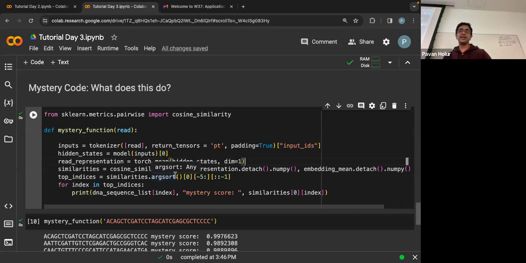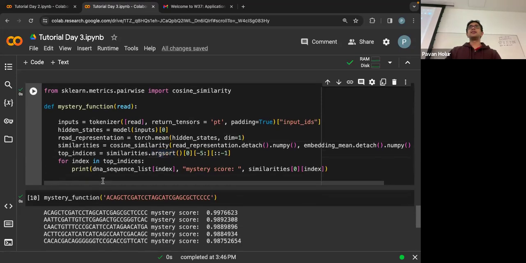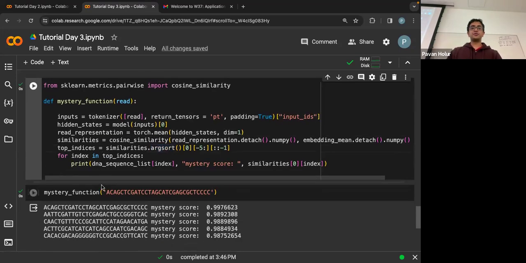We get a certain set of cosine similarity values. This sorts them in reverse order, so that a cosine similarity score of 1 basically means that the angle is 0, so they are aligned, right? So you inverse sort them, and then you reproduce the fragments corresponding to any read.